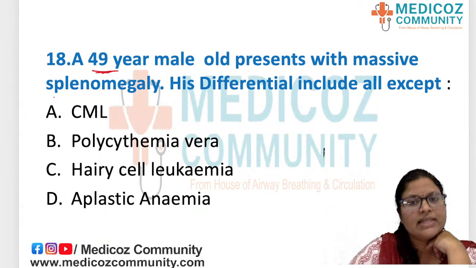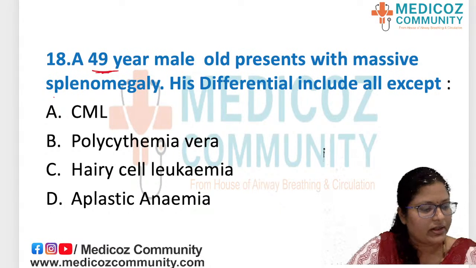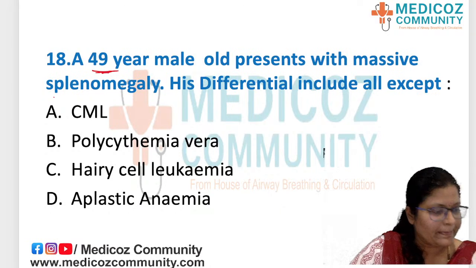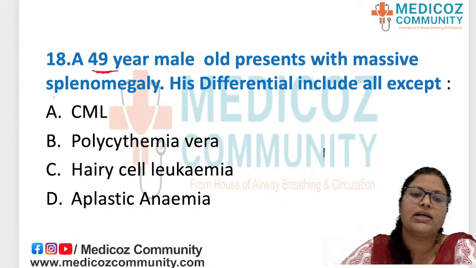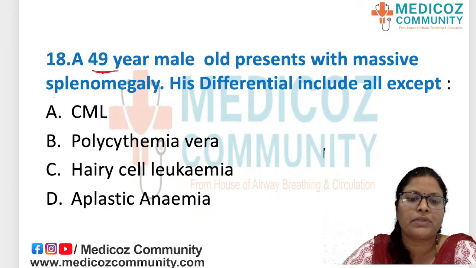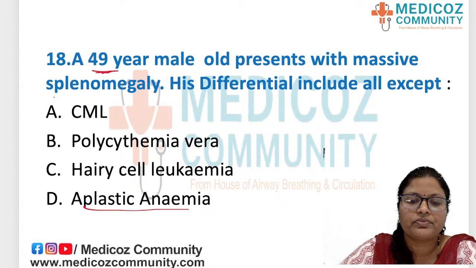A is CML, B polycythemia vera, C hairy cell leukemia, and D aplastic anemia. What do you think the answer is here? They are simply asking that massive splenomegaly is seen in all of these conditions except. So the answer over here is aplastic anemia.